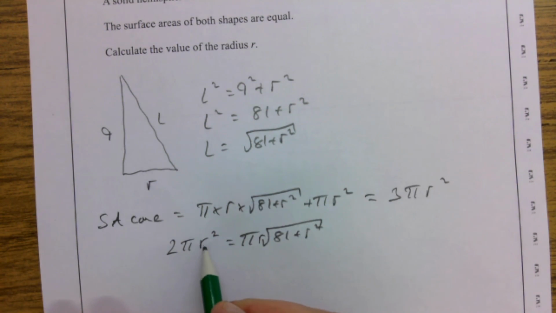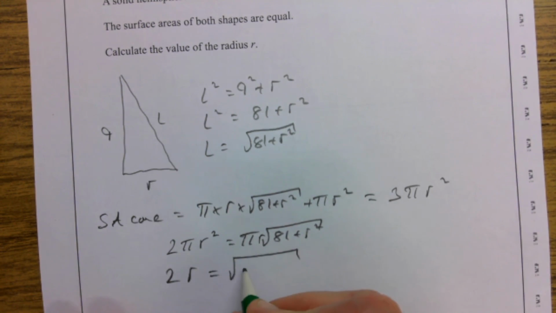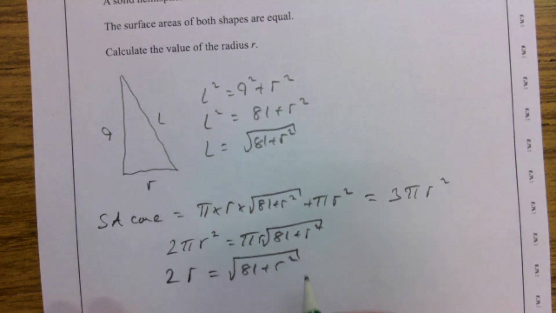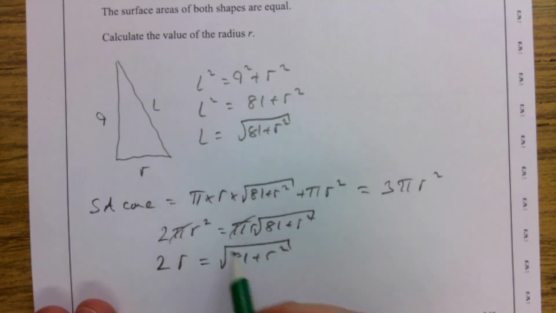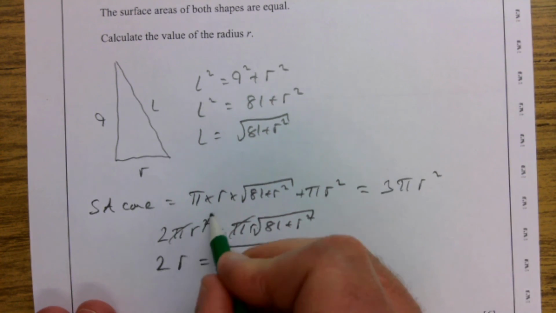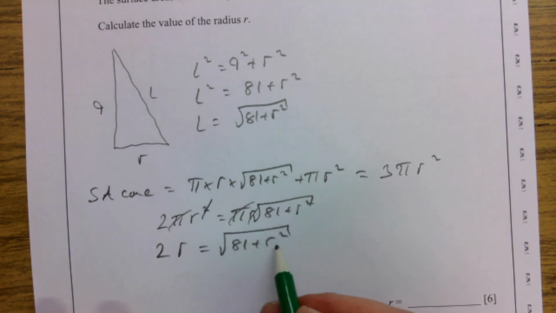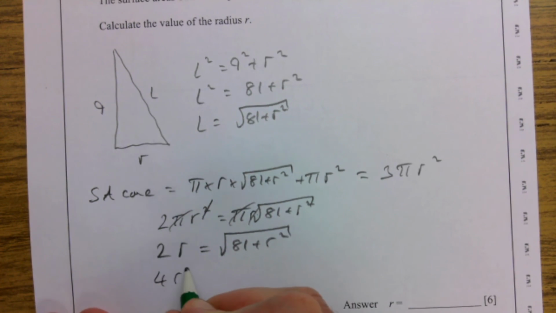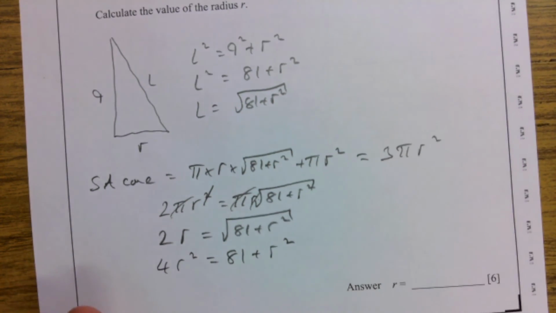I can divide by pi r, so that gives me 2r equals the square root of 81 plus r squared. Hopefully you agree with that. So it's cancelled out the pi and cancelled out the r because it's in both terms. We now need to square both sides, so that gives me 4r squared equals 81 plus r squared.